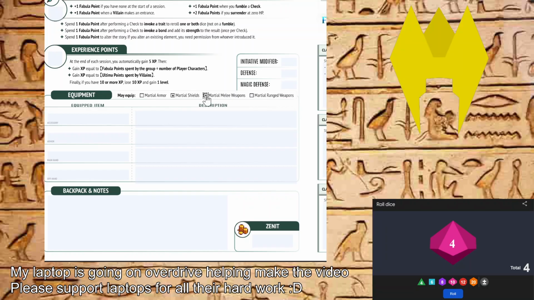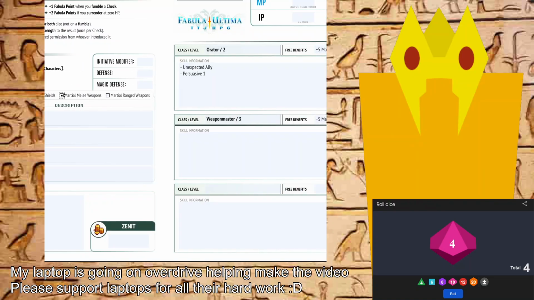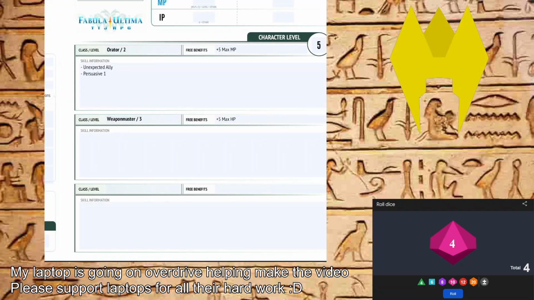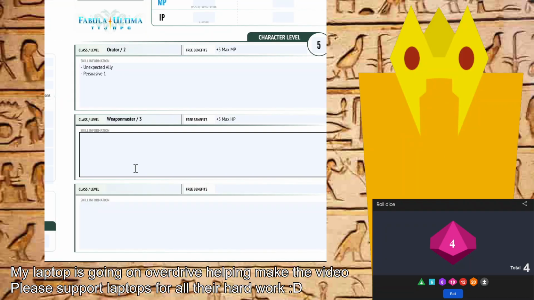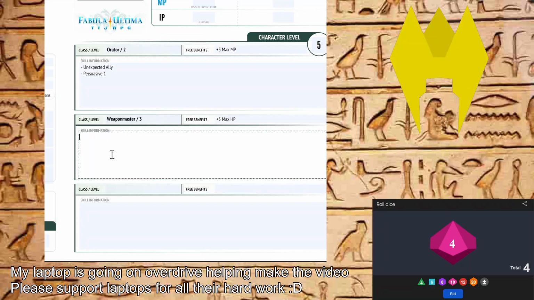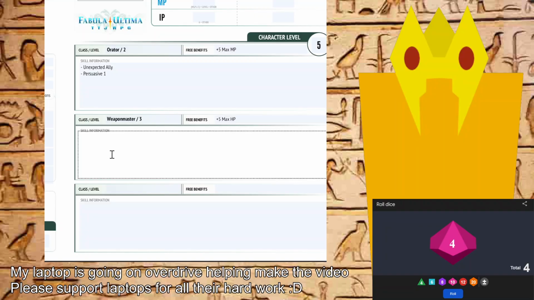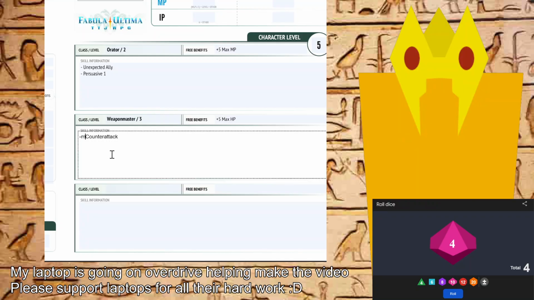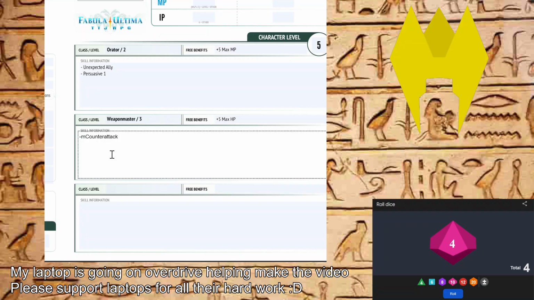And as for our chosen skills, how about this? Because we are a duelist, we would probably prefer counterattack. Which I'm gonna read out to you like I did with the others at minimum.